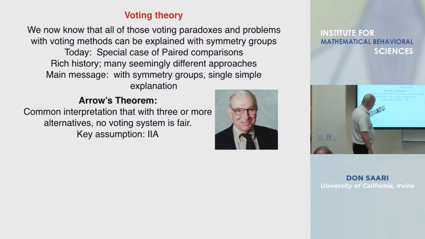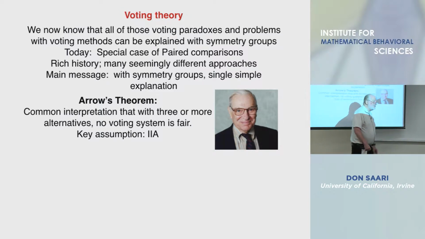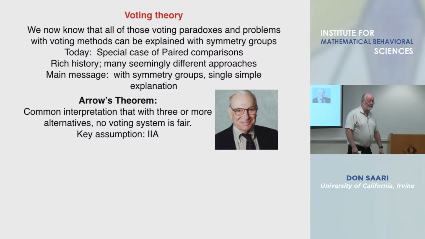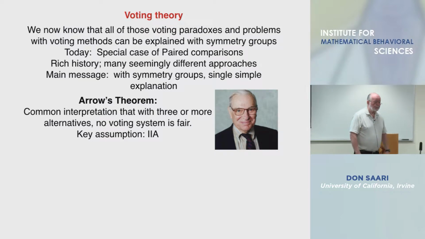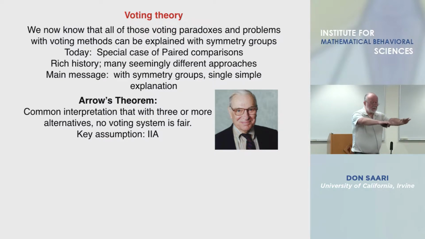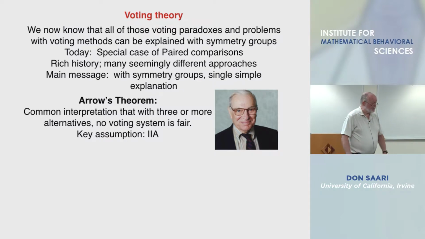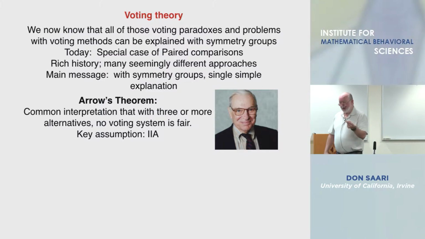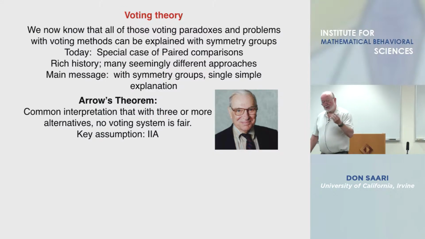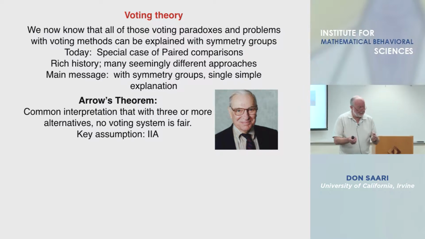Actually, it's a misinterpretation. The key assumption in Arrow's theorem is something called independence of irrelevant alternatives. It says that if all of us in the room have 3 candidates, Anne, Barb, and Roy Moore from Alabama, let's look at the Anne-Barb relationship.